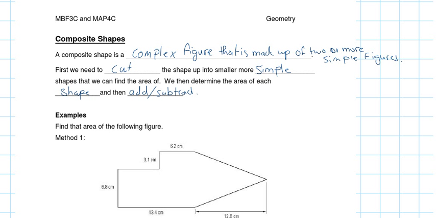Okay? So for example, if I have something that looks like this, that's a rectangle, right? I mean, I should have made it a little bit deeper like this.